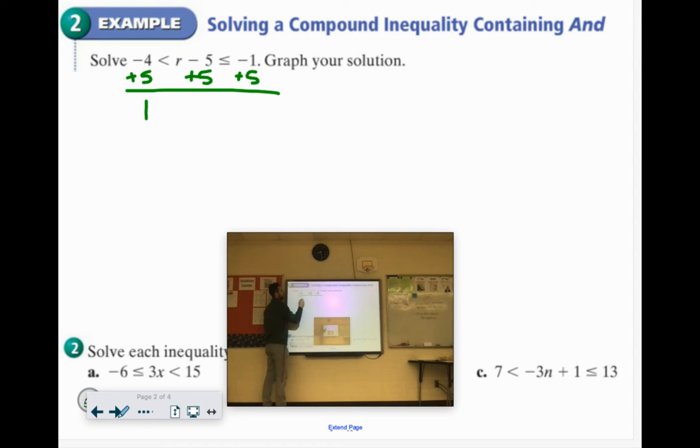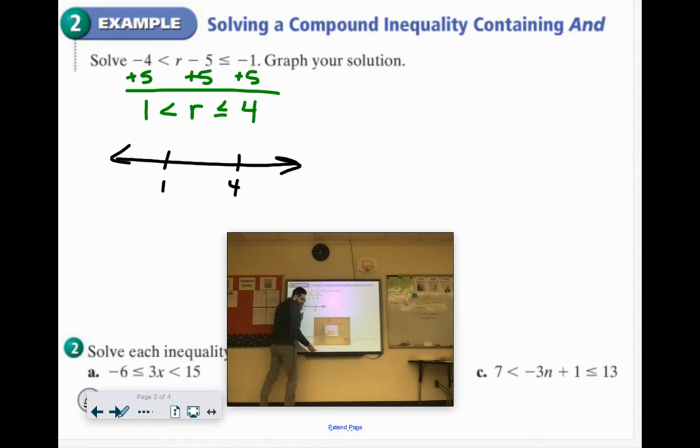Negative 4 plus 5 is 1. In the middle, the negative 5 plus 5 cancels, so we just have r. And over here, negative 1 plus 5 is 4. So 1 and 4. On the 1, it's an open dot because you have the less than. On the 4, it's got the "or equal to," so that would be a solid dot. Then the r's in the middle, so shade in the middle.